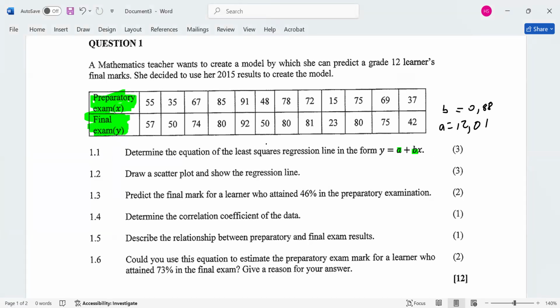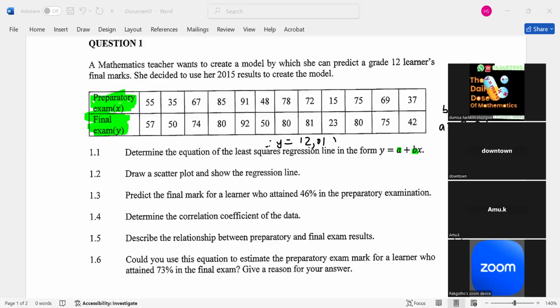Therefore our equation is y equals 12,01 plus 0,88x.